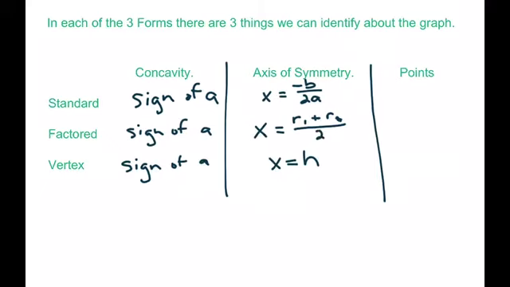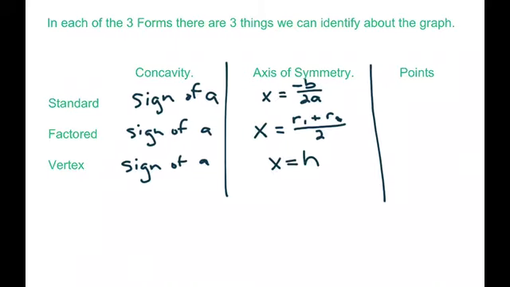We're basically just taking the average between those two x-intercepts. So all three of the equations are different, but make sense if you think about them for each form. The third thing we can pull from all three forms is a point.